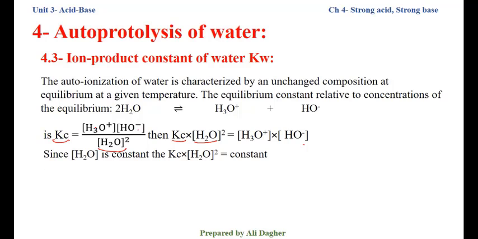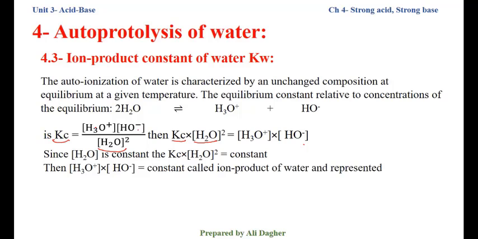This constant is the ion product of water, represented by Kw. Then concentration of H3O+ times concentration of HO- equals a constant. This constant is represented by Kw and called the ion product of water. Therefore, Kw equals concentration of H3O+ ions times concentration of HO- ions.